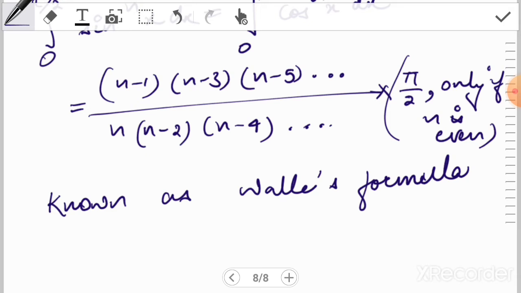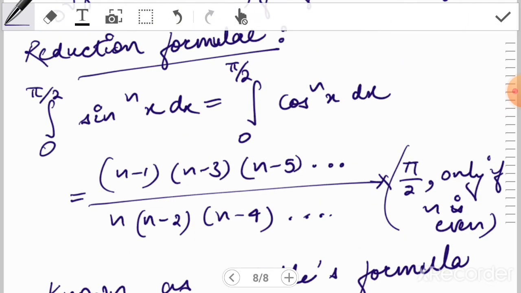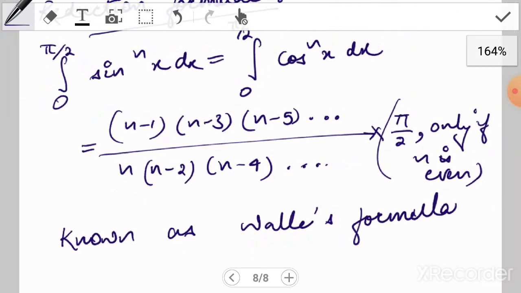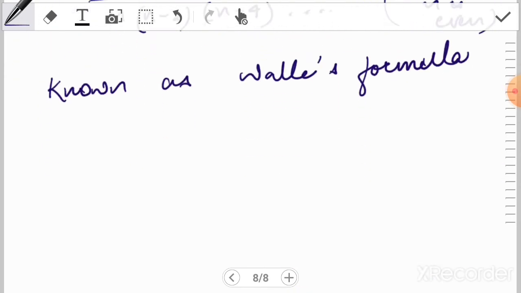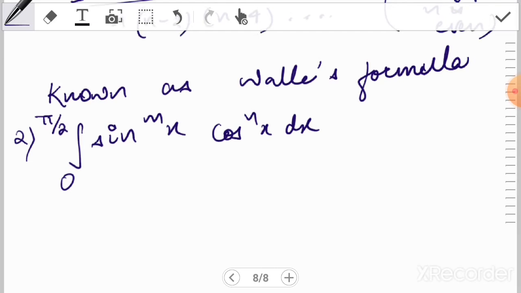Okay, and next is the reduction formula for the integral of sin^m x cos^n x dx from 0 to pi/2.